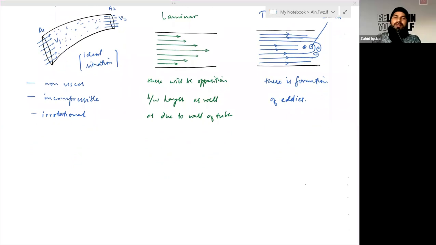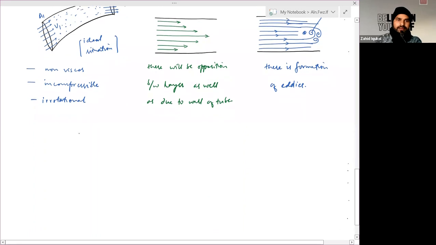Okay. So if you have to define the flow of these different types of liquid, we can assign some number, or let me define a number on the basis of which you may be able to define different types of flow in a particular tube, which is called Reynolds number.